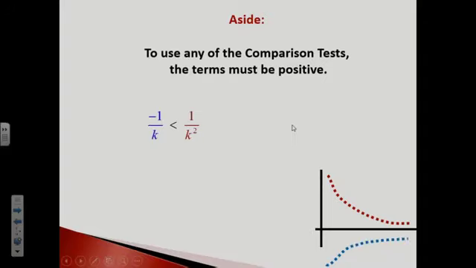The terms of minus 1 divided by k are negative and lie below the x-axis. We know that sigma 1 divided by k squared converges because it is a p-series with p equals 2, and sigma minus 1 divided by k diverges because it is the opposite of the harmonic series.